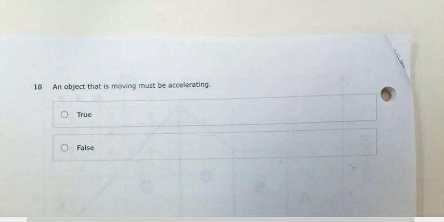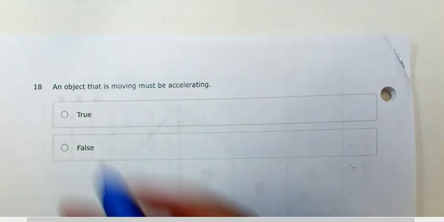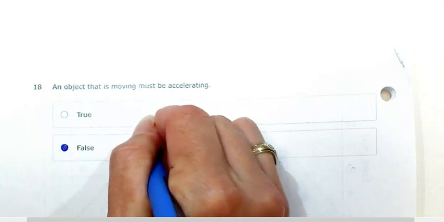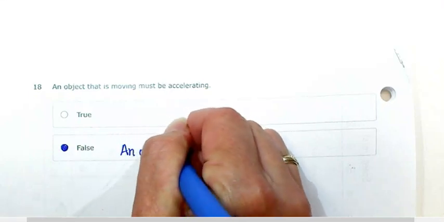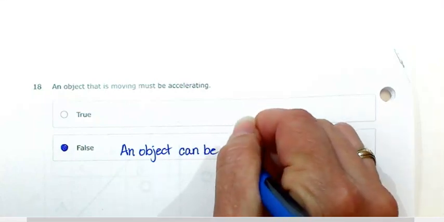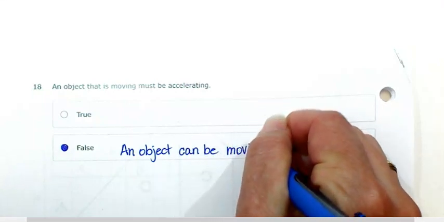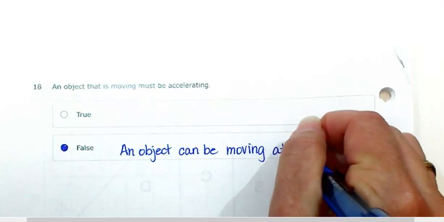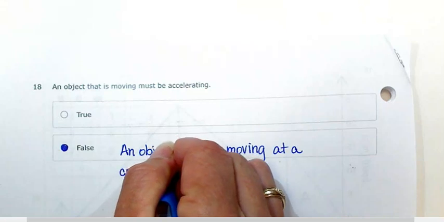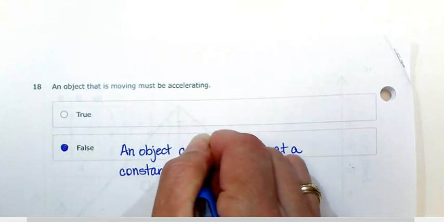All right, and then finally, question 18, an object that is moving must be accelerating. That is false, and here's why. An object can be moving at a constant velocity.